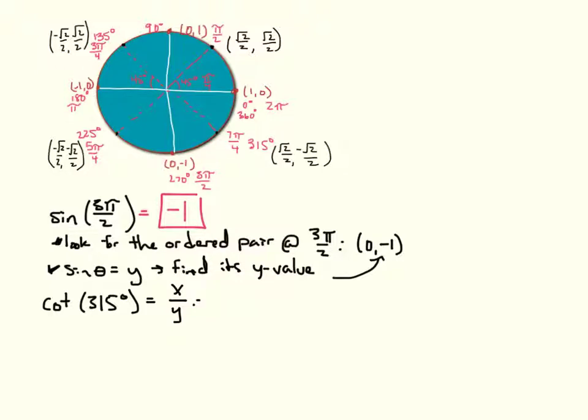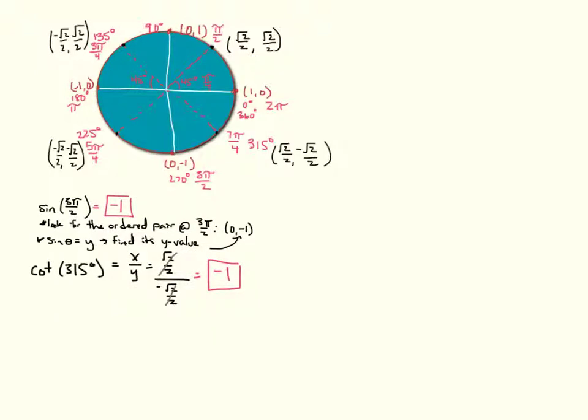So I have square root of 2 over 2 divided by the negative square root of 2 over 2. We have the same thing being divided in the numerator and the denominator, one of them is just negative. So these two things cancel each other, and my answer is, again, -1.